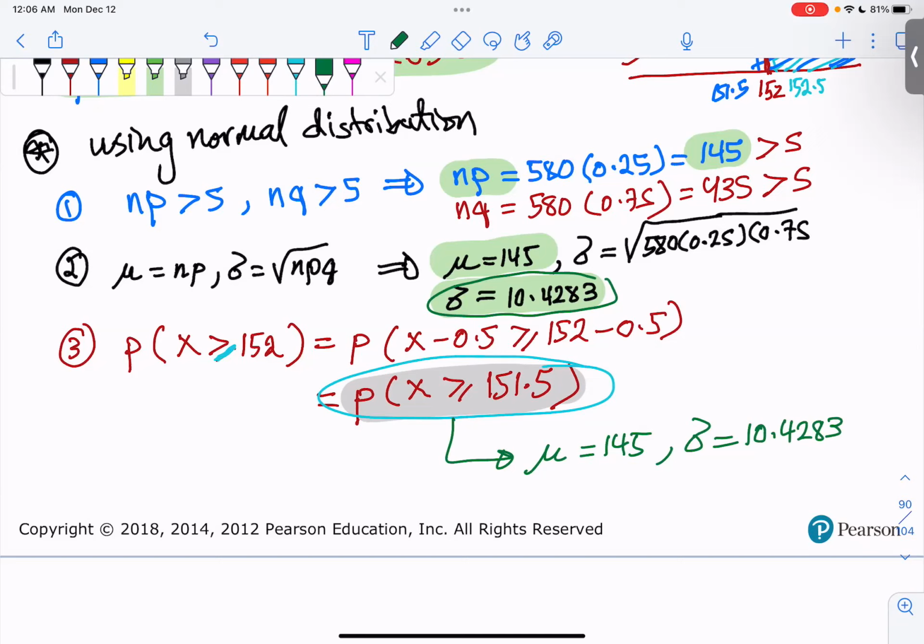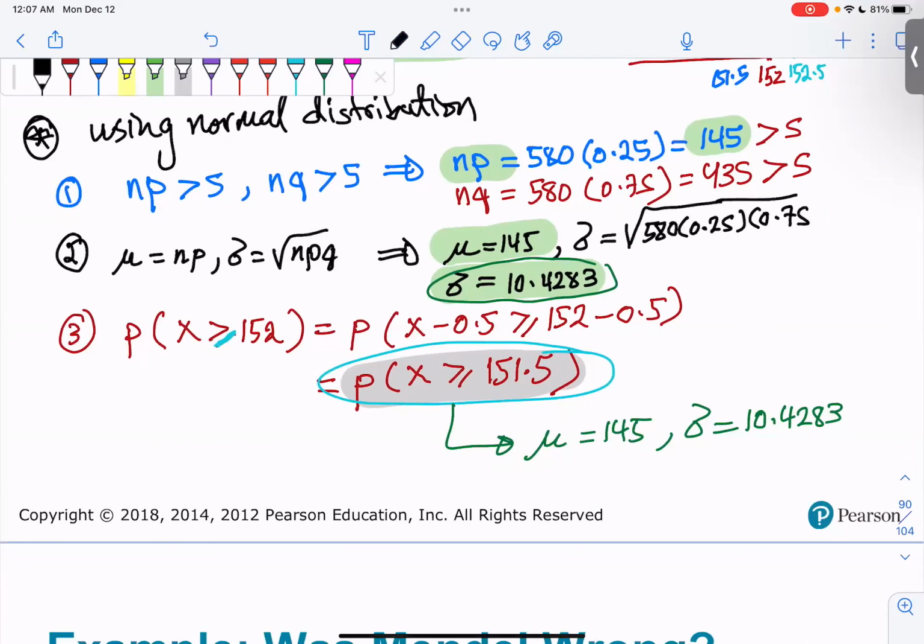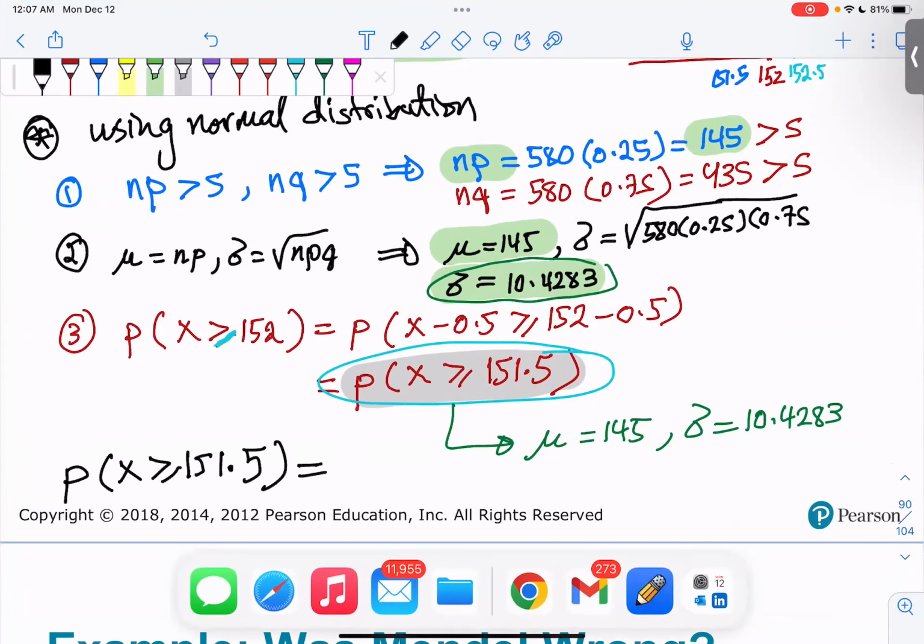So let's go now to StatCrunch and try to find this probability. Then we will compare it with this. So now we have the probability of x greater than or equal to 151.5.